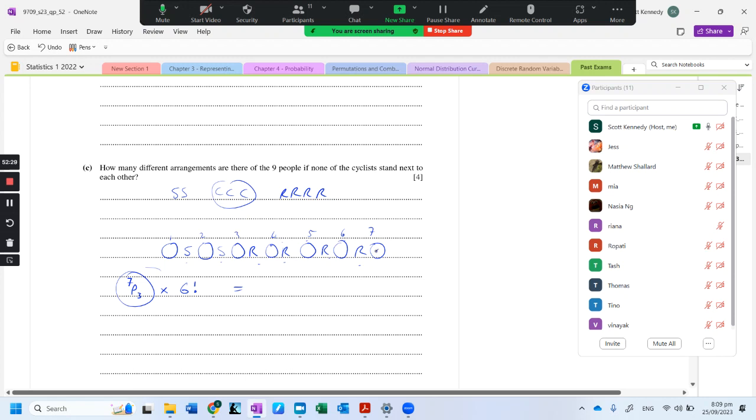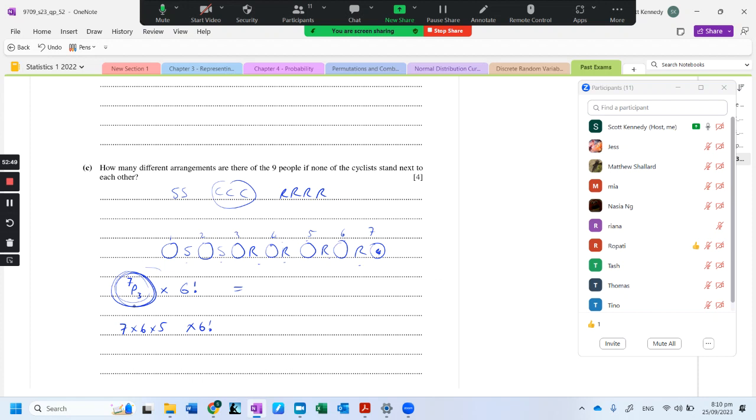Let's say they go there, then there's only 6 options for the next one, and then 5 for the next one. That means 7P3, or you could go 7 times 6 times 5 times 6 factorial. 7P3 means placing 3 people in 7 possible places, and it's permutations, not combinations, because the order matters.